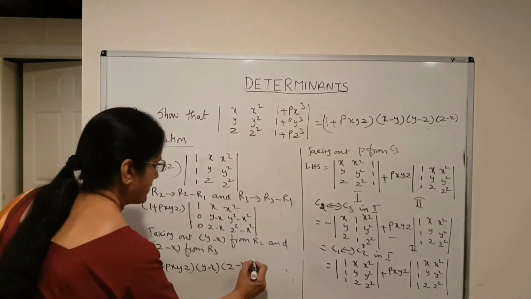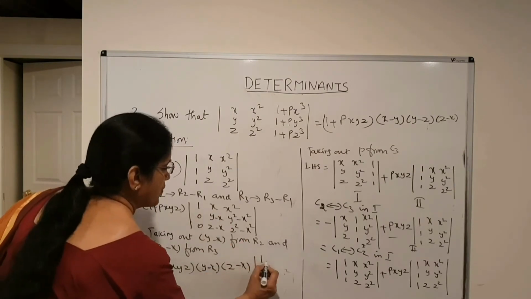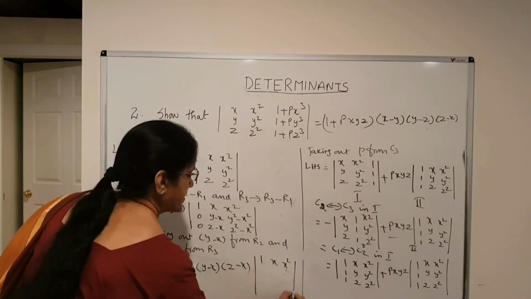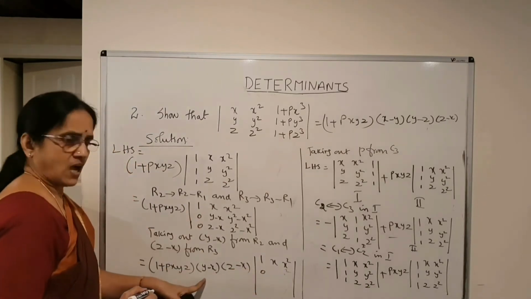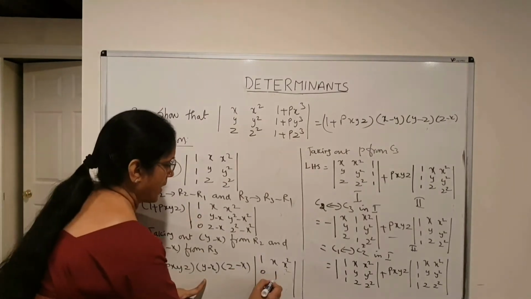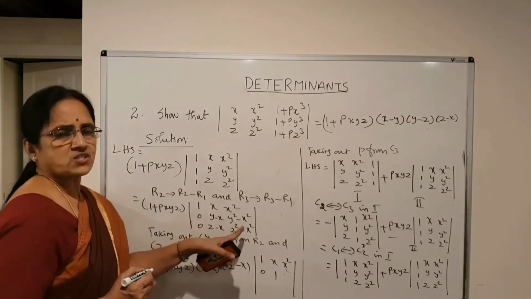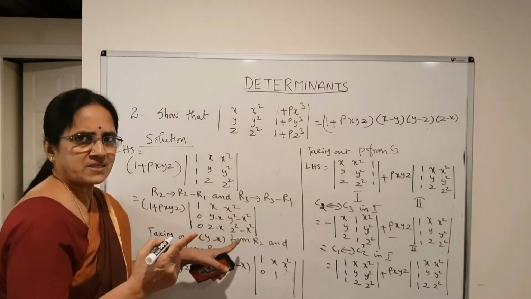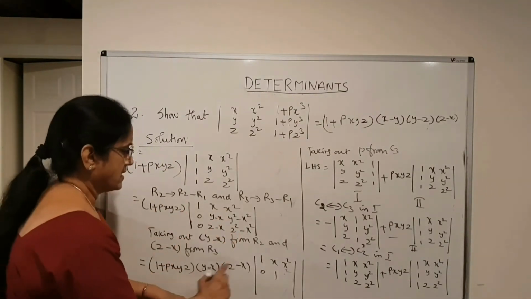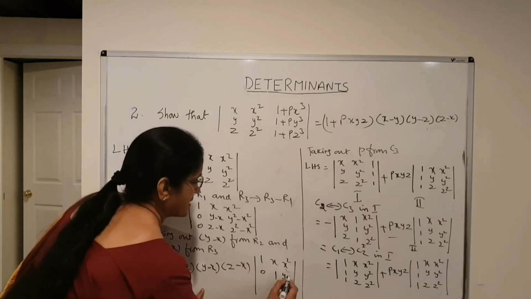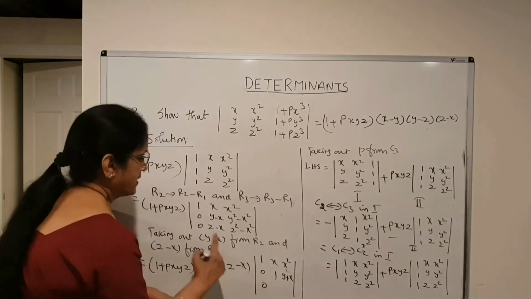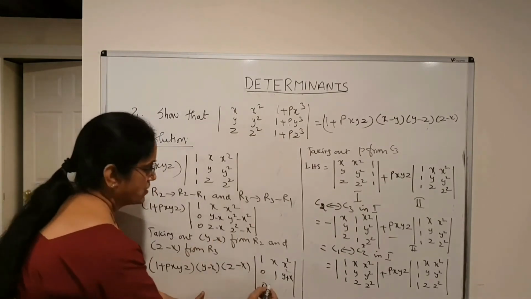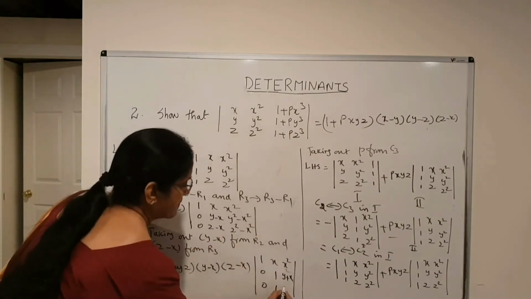I will be left with the determinant. First row will remain the same. Second row 0. Already y minus x outside. So I will be having here 1. But y square minus x square is y minus x into y plus x. y minus x is here. So naturally I will be having here y plus x. Same is the case with the third row. 0. z minus x is here already. So 1. I will be having z plus x.